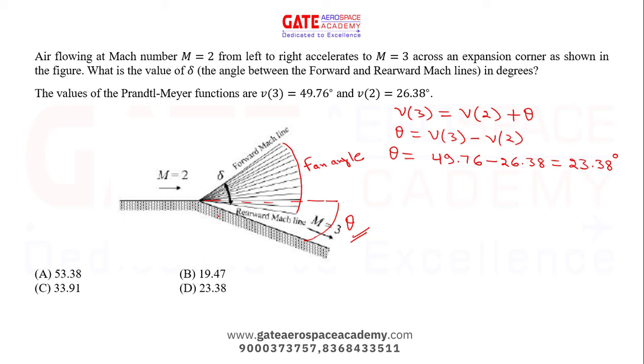Now what will be this angle? This is mu1, the Mach wave angle. What will be this angle? This is mu2, right? So what will be mu1? Sine inverse of 1 by M1, that is sine inverse of half.